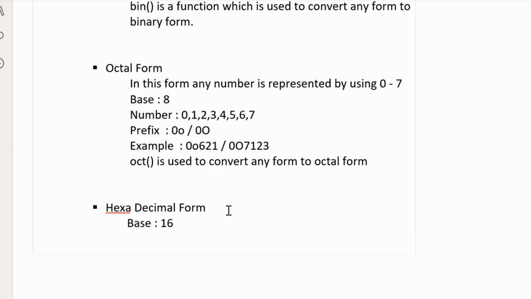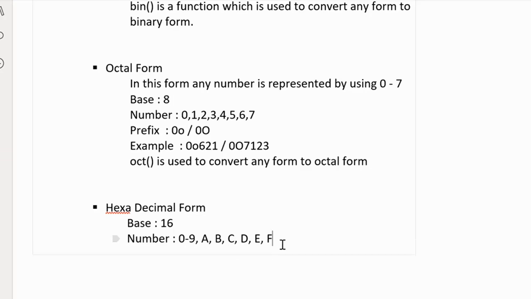Which numbers are used to represent it? The numbers used here are 0 to 9, which is 10 numbers, and then A, B, C, D, E, and F. If you check from here to here, we have 10, 11, 12, 13, 14, 15, 16. So we got the 16 over here.